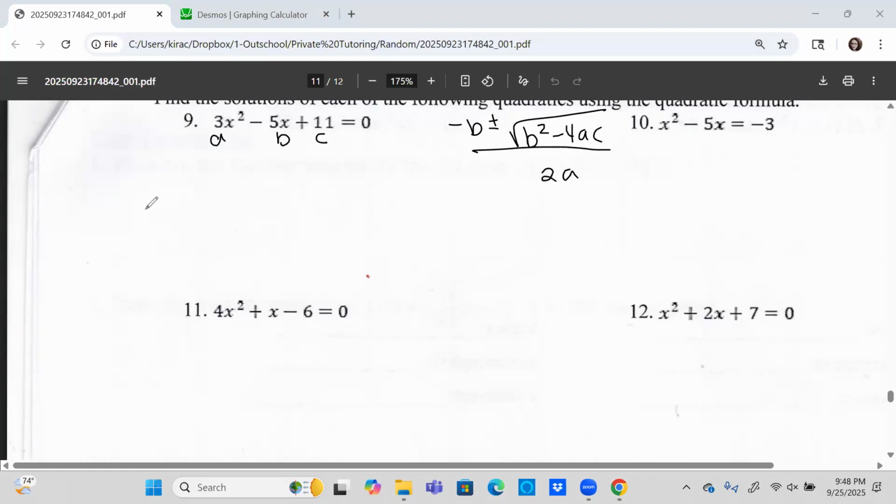Okay, so this would be -5. So that'd be 5 plus or minus 5 squared. So 25. Technically, it's -5 squared, but a negative squared is positive. Minus 4ac all over 2a. 2 times 3, 6. Using my calculator to do that inside.